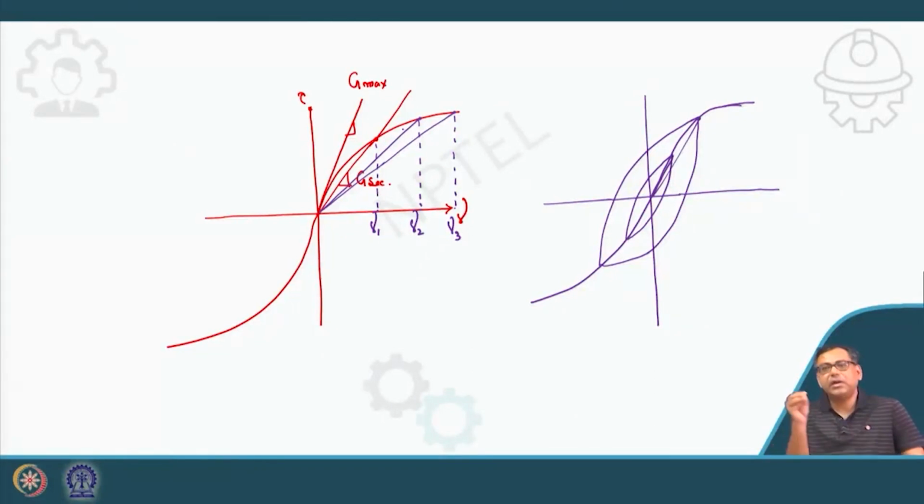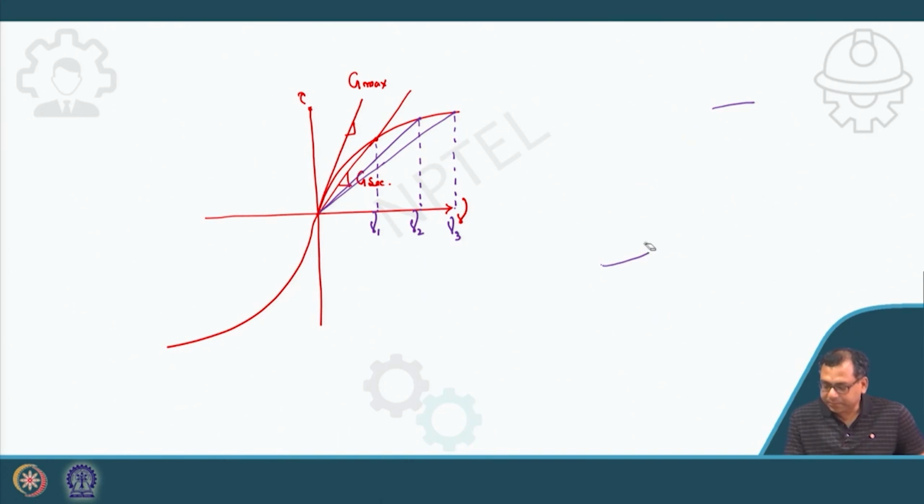That I will discuss in later lectures, how I will use the non-linear model also. Now it is clear how I will calculate G max, and in my next lectures I will discuss in detail how from a backbone curve I will calculate the G value for any strain level.